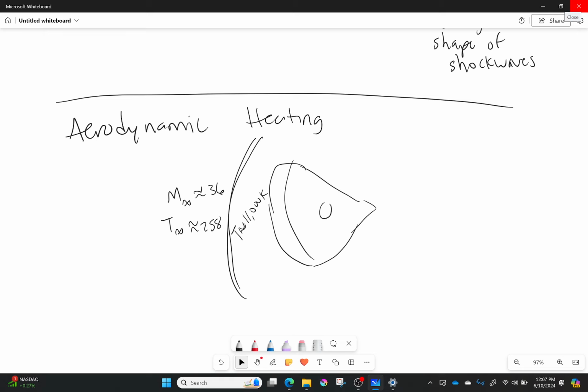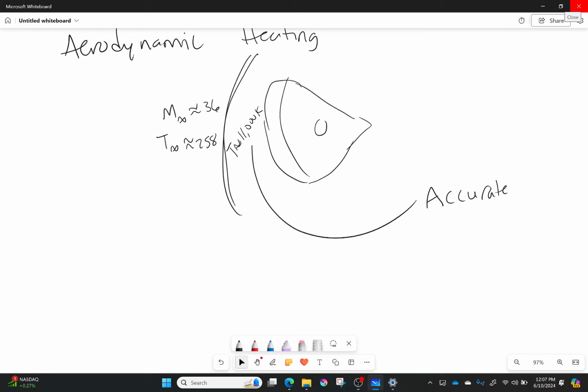But that's not actually what we would get if we use our calculations. This right here is accurate. However, if we were to actually go to our textbook, we go to Appendix B, and we would get that for a Mach number equal to 36, Ts over T infinity, so the surface temperature over T infinity, is going to be equal to 252.9.